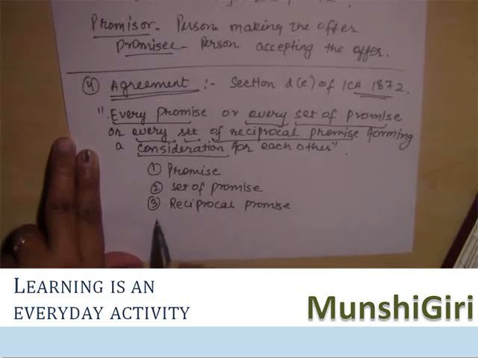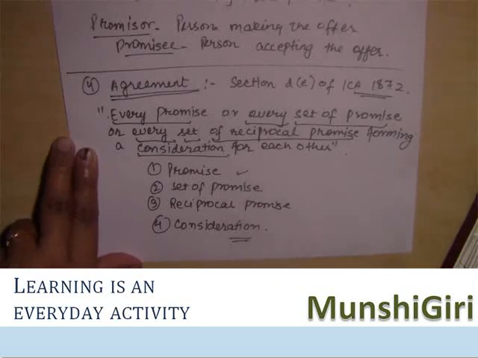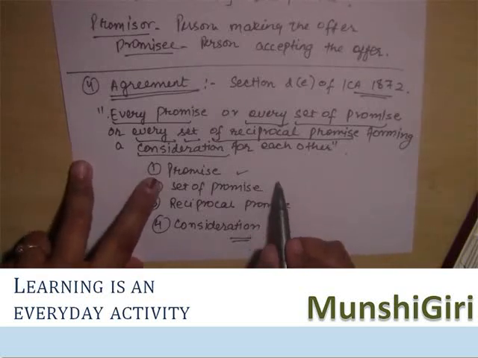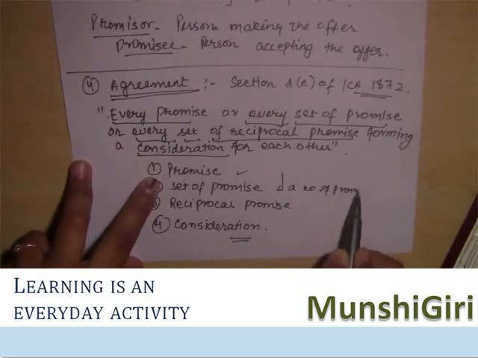And the fourth is consideration. Let's discuss these one by one. First is the promise. A proposal or the offer, once accepted, becomes a promise. Set of promise, a number of promises together. Reciprocal promise. Now this is an interesting term, reciprocal promise.